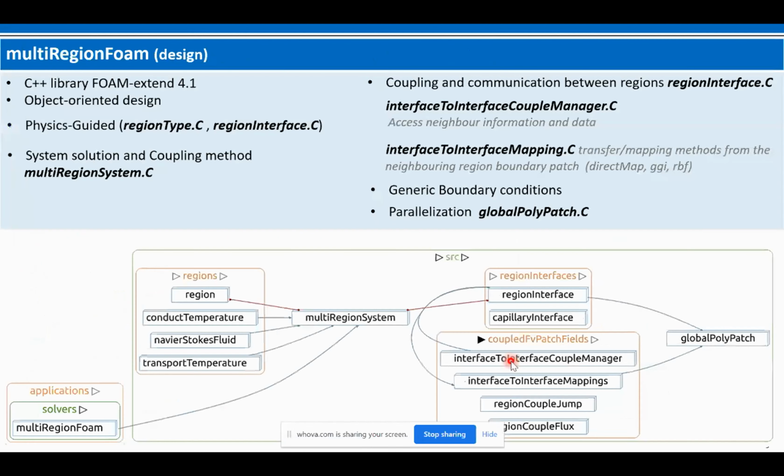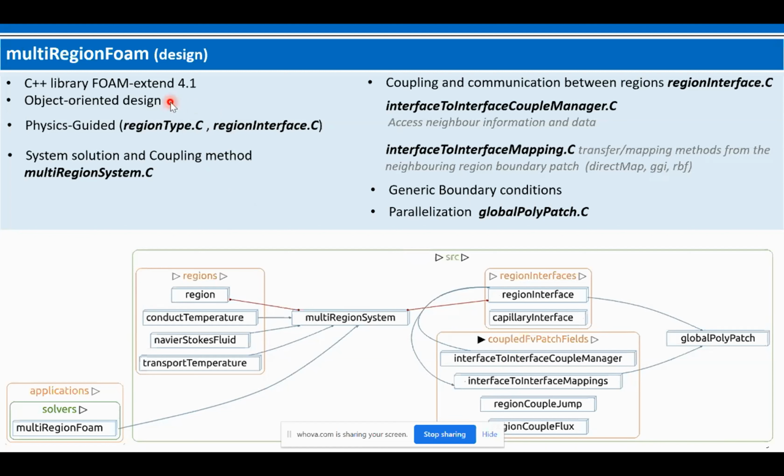Moving on to the design of multi-region foam and going over the main highlights of the code. We are using foam-extend 4.1.